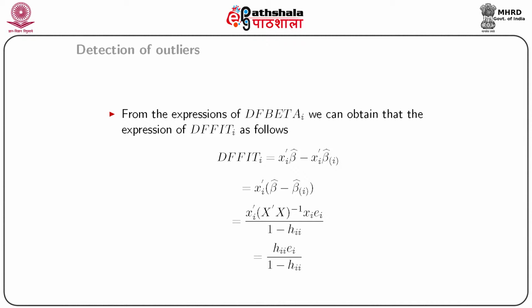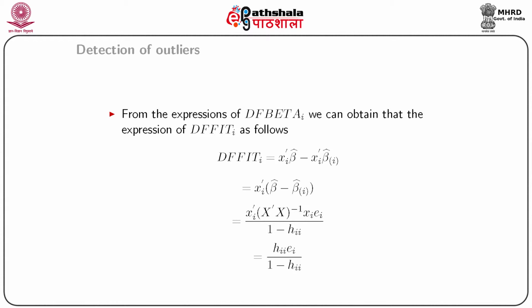DFFITS equals yi hat minus y subscript (i) hat, where yi hat can be written as xi prime beta hat and y subscript (i) hat can be written as xi prime beta subscript (i) hat, where we can write DFFITS equals xi prime times beta hat minus beta subscript (i) hat, and we have already obtained the expression for beta hat minus beta (i) hat.